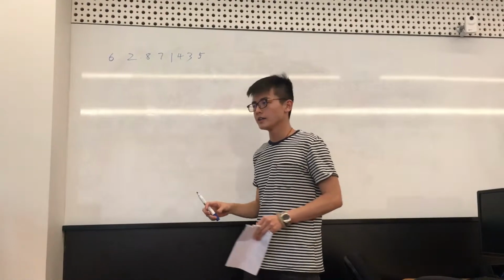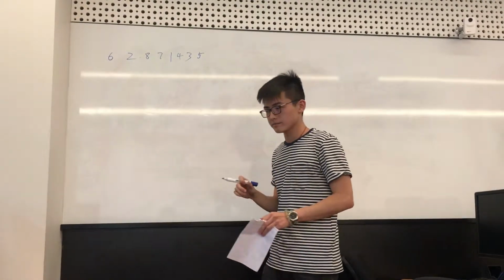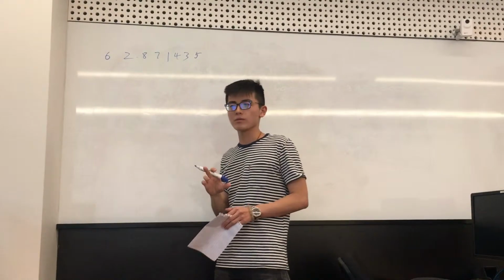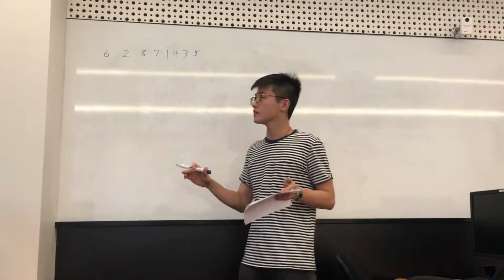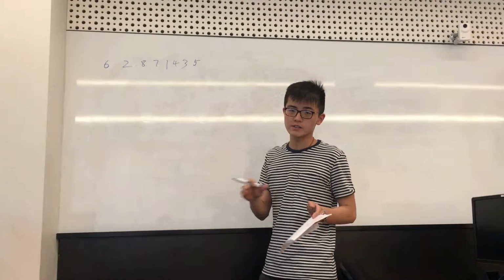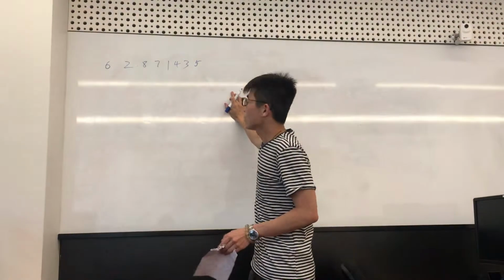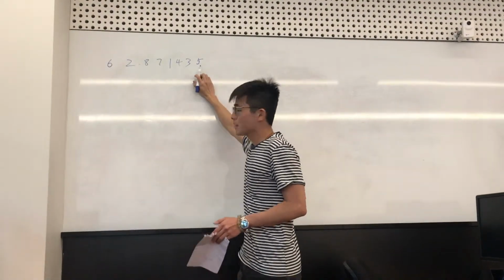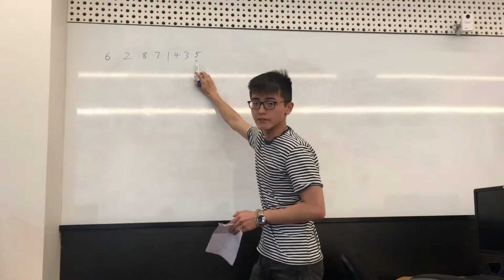we find a part that just contains one element, and we merge them together, and finally we will get the sorted list. Okay, let's do it. I will use the last element as my pivot. The last element here is 5.